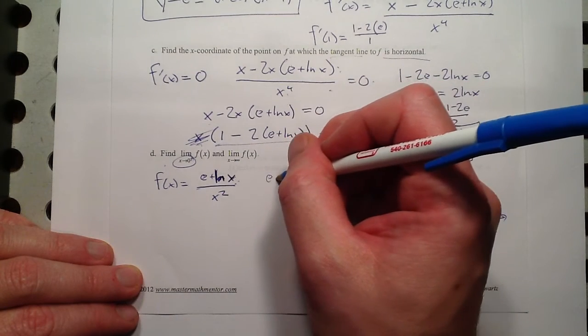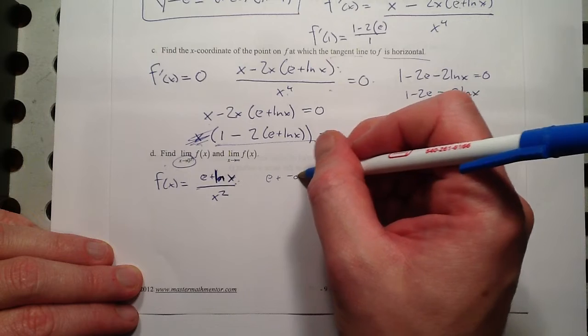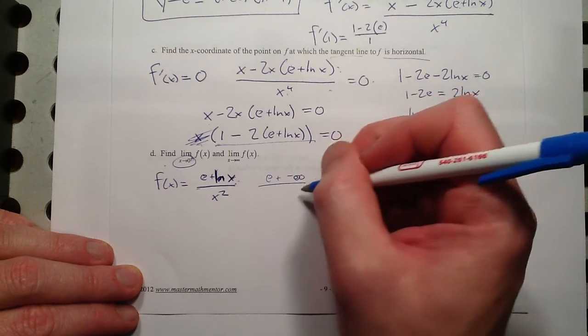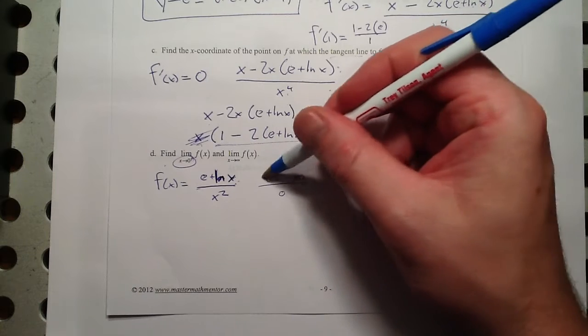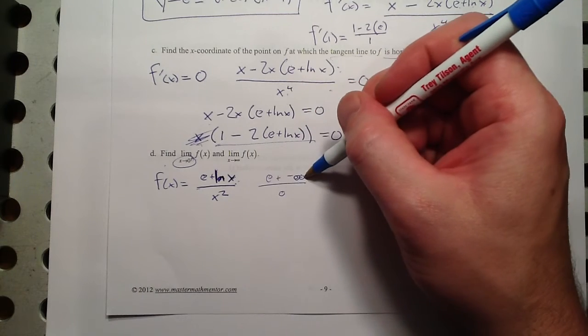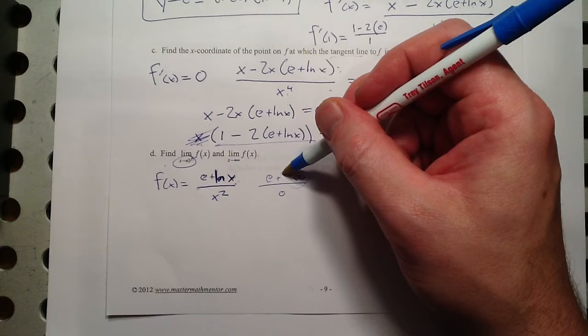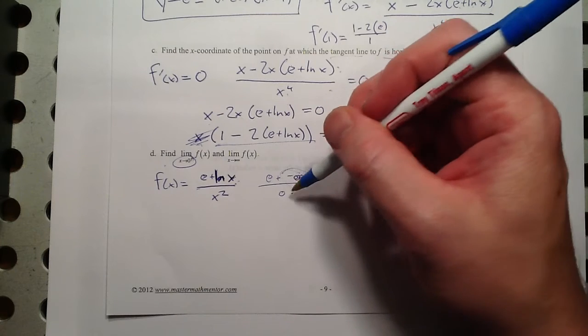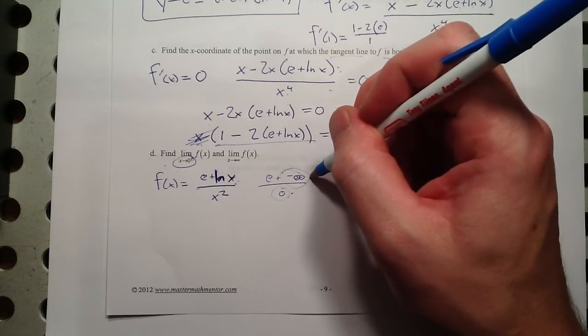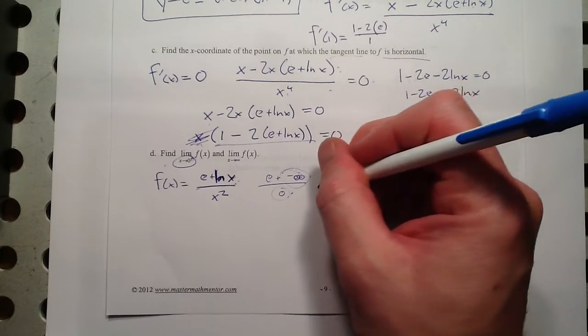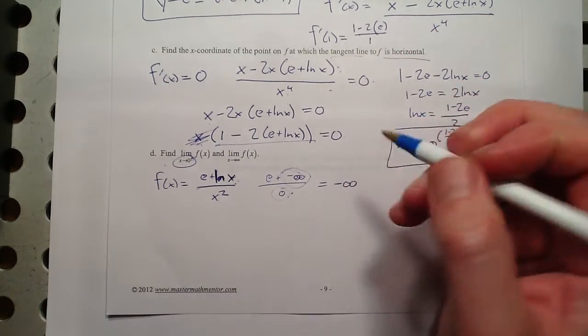Well, can we make any sense of that? This means a huge negative number, I mean e minus infinity, might as well be minus infinity, divided by a tiny number. And dividing by tiny positive numbers just makes things bigger. So this is going to negative infinity, right?